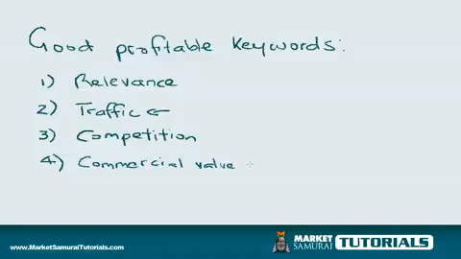For any keyword to be profitable, this is crucial because you need to determine whether or not this particular keyword has some potential to make money. And inside Market Samurai, we can see that and determine it from Google's analytics.